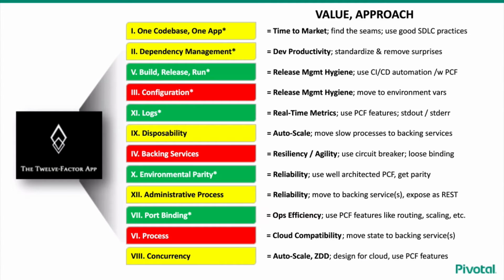Backing services, obviously, this is marked in red as critical, right? You can't not do this, right? So the backing service is some other external thing that your app depends on, frequently a database, messaging service, or another REST call, for example. For the application, you really need to declare that backing service via some sort of external configuration, and then have the cloud platform bind your app to that service.